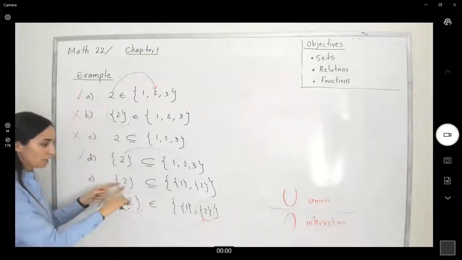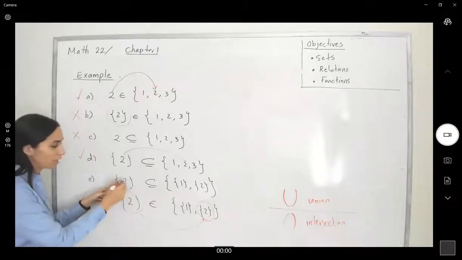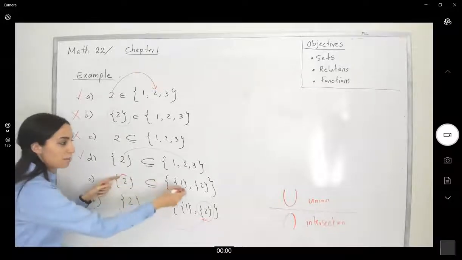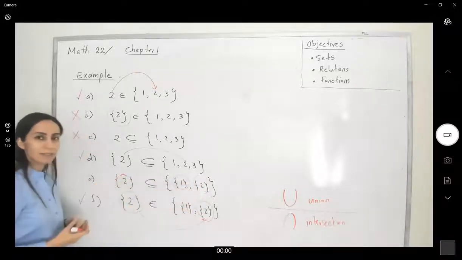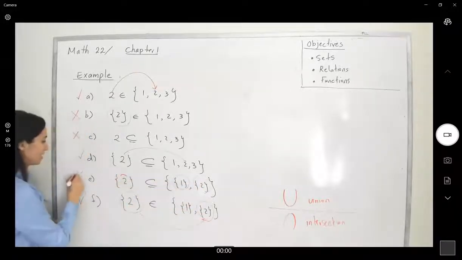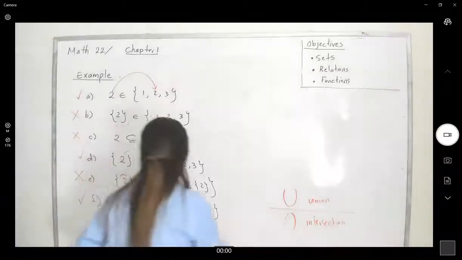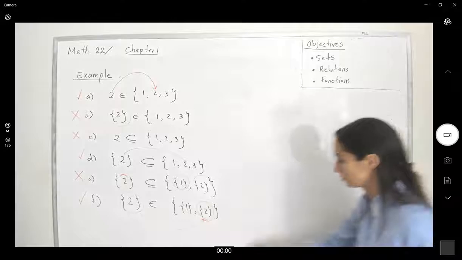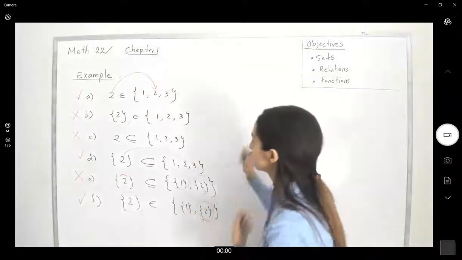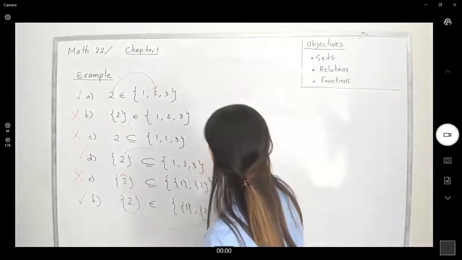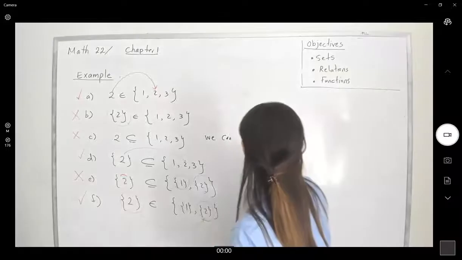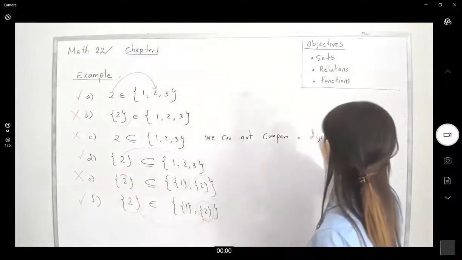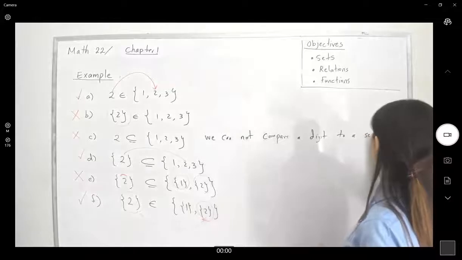Okay. Here you have random element 2. Is this random element a member of this set? Unfortunately, not. So for this, you can say that we cannot compare a digit to a set.